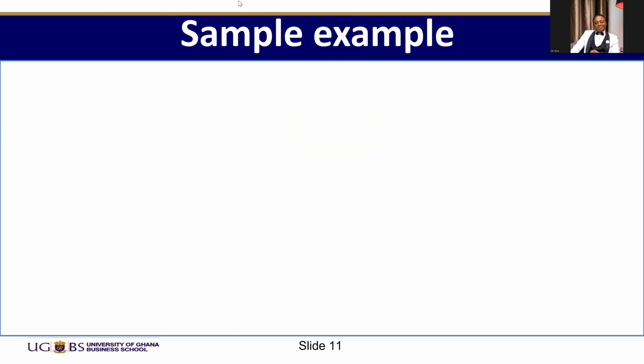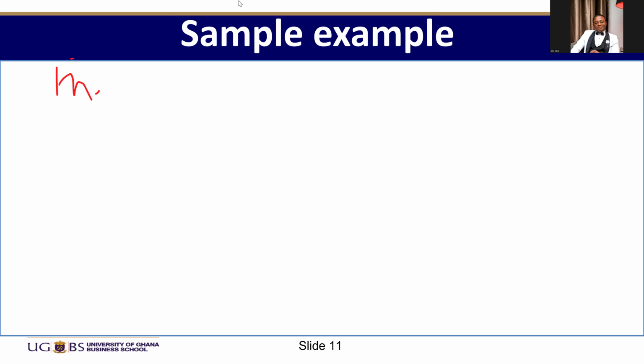Suppose I say that the mean score for MBA students in statistics is at least that of the mean score for MSc students in statistics. How would you write the null and alternative hypothesis? Let me write it here.